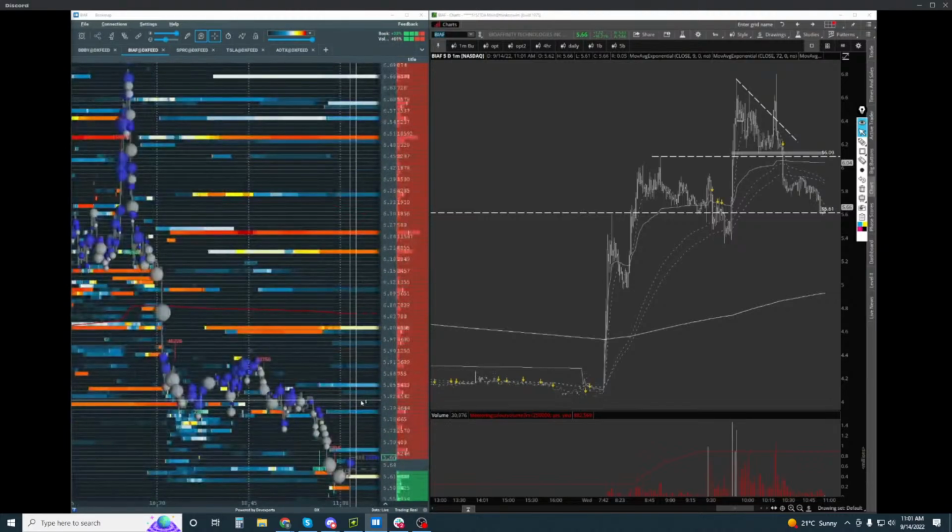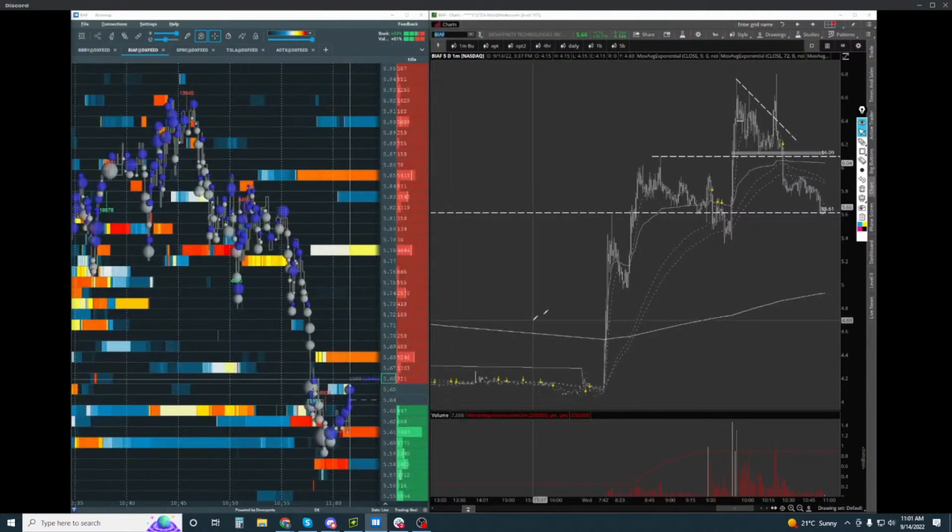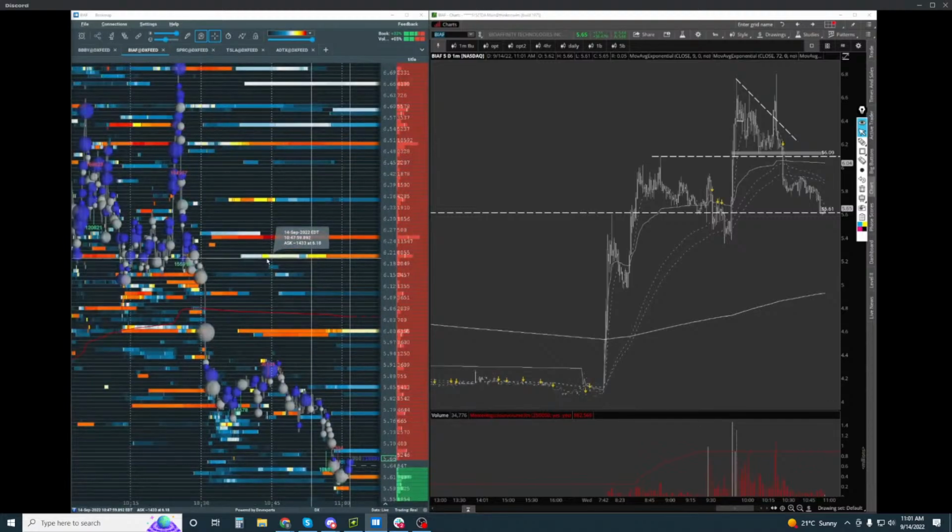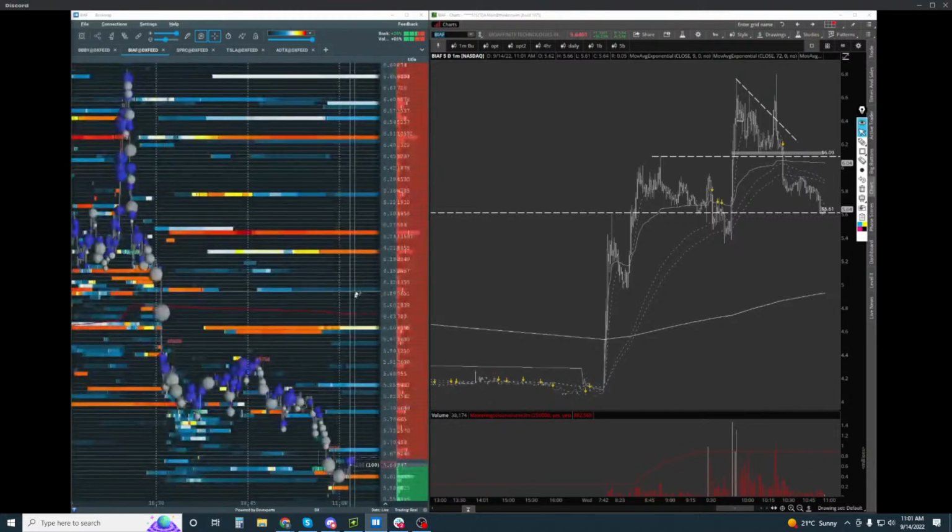Some support of 560. Could be even covers over here that are placing themselves on the bid.